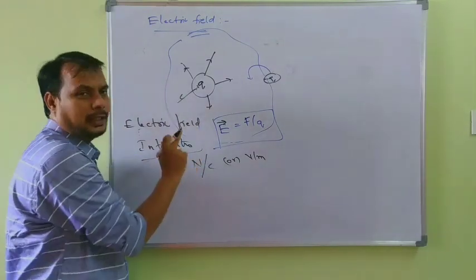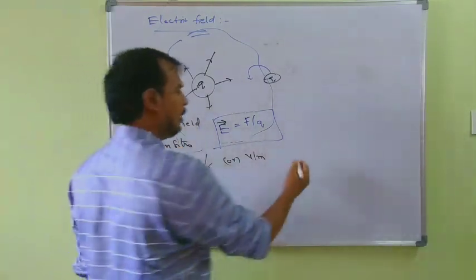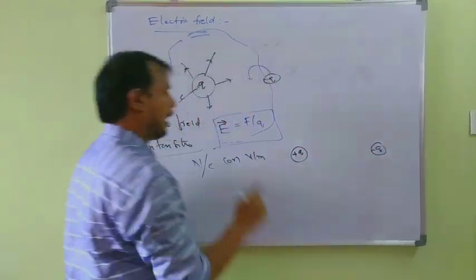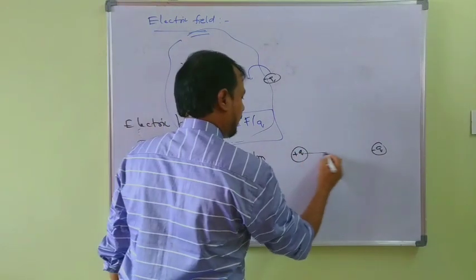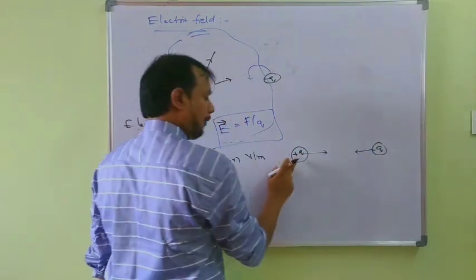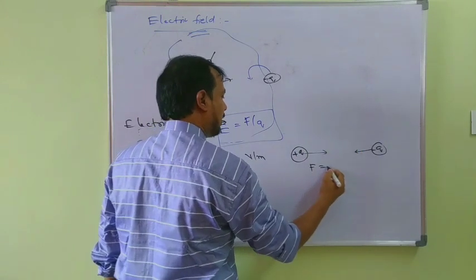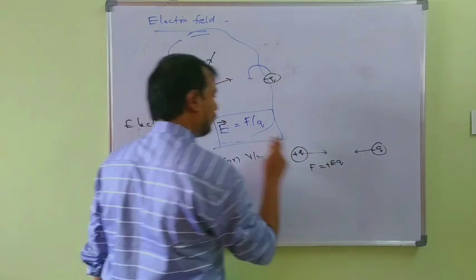What is the direction of this electric field intensity? For example, this is a positive charge and this is a negative charge. In between, the force on minus Q due to plus Q is F equals plus EQ.